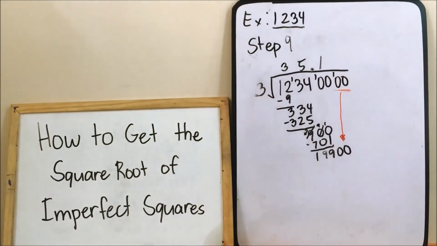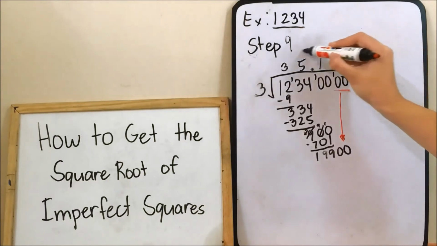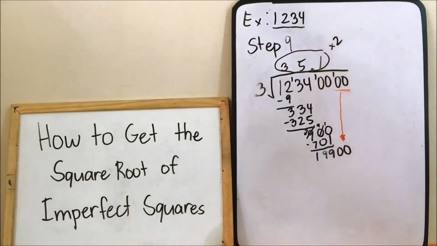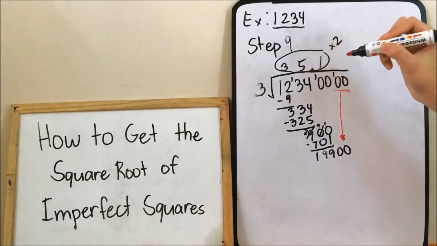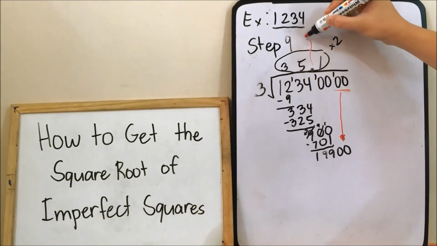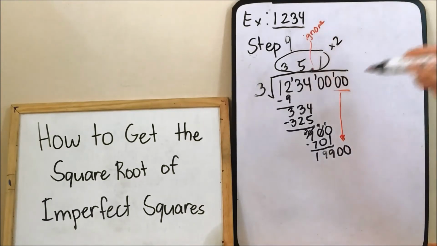So for step number 9, we will once again multiply the numbers on the top by 2. As I have said, it is a general rule. But this time, since there is a decimal point, we will only be ignoring this decimal point over here.